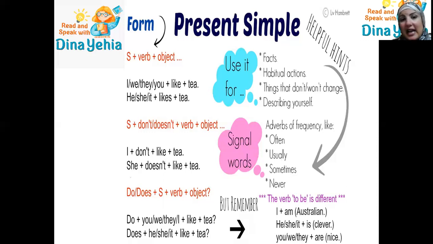All of these action verbs can have a verb to be added to them. So please don't confuse present simple tense and verb to be. Let's apply what we have taken today.